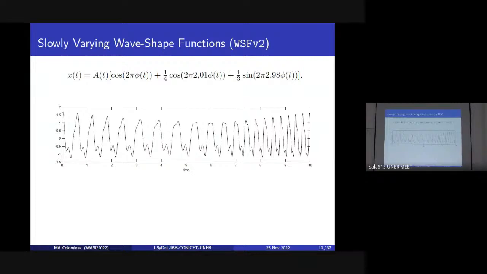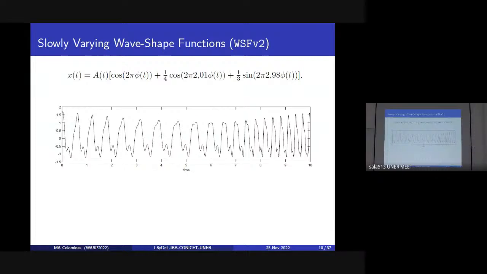So what is happening here is that this fixed wave-shape function model is no longer valid, because the different harmonics, and in an abuse of terminology I would still call them harmonics, but they are not because they are not exact integer multiples. These harmonics are not integer multiples, and this is what is happening here.